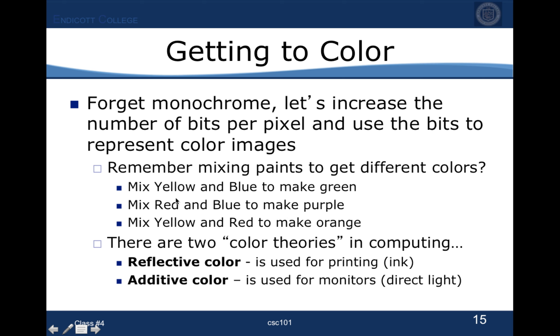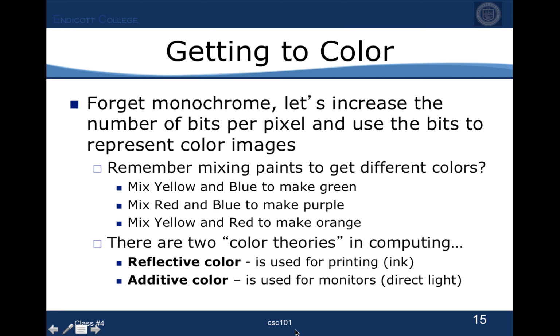I think we remember that you can mix primary colors, red, blue, and yellow, in these combinations to get purple, green, and orange. So we can use that idea, that mixing colors in some way, shape, or form is a way to create maybe all colors, or more than one color anyway.